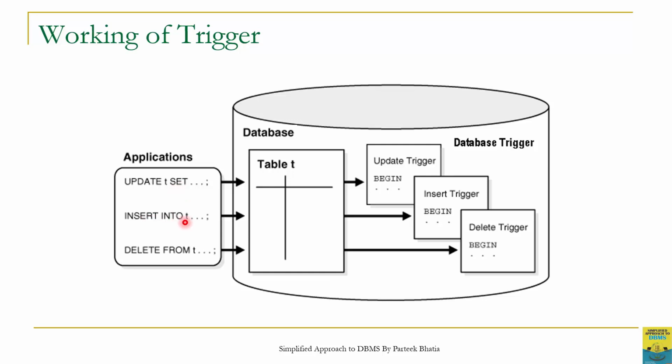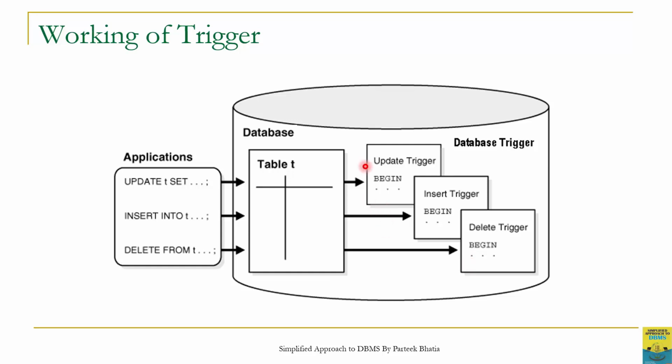Similarly, when a user issues an insert statement on table T, the corresponding trigger, which is written for insert statement, will automatically get executed. Same way, when a user issues a delete statement on this table, the corresponding trigger, which is written for delete statement, will be executed.